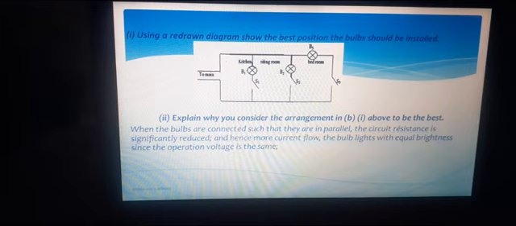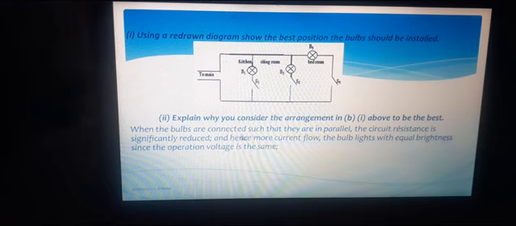Question number 2: redraw the diagram shown, showing the best position for the bulbs to be installed. Now you connect them in parallel so that they can work independently. Explain why you consider the arrangement in B above.